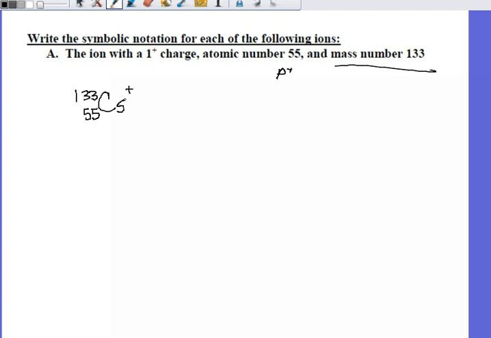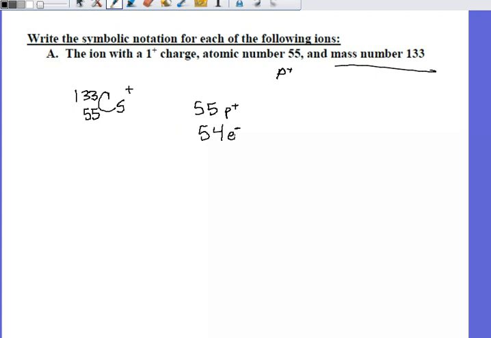So this would tell me that it's an ion. When you look at the number of electrons, it has one less electron than it does protons. So this has 55 protons, and it has 54 electrons.